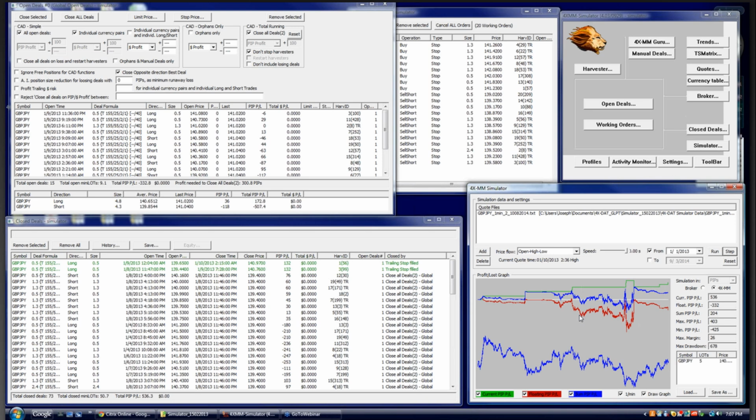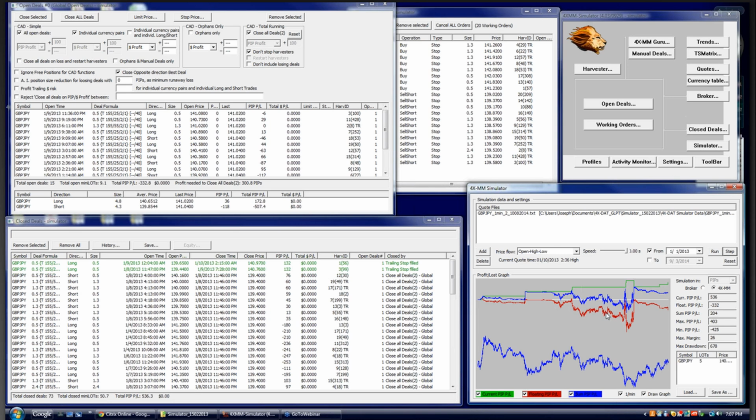For the most part, the red equity line will be below that zero line, simply because these are our open trades. When we are in profit, we immediately take the profit. So as soon as the red line goes above the zero line, we take that profit and move it from open deals to closed deals, because that's what we do.